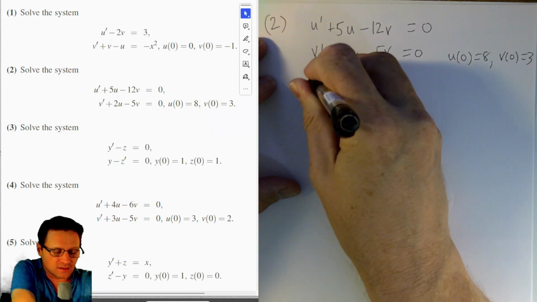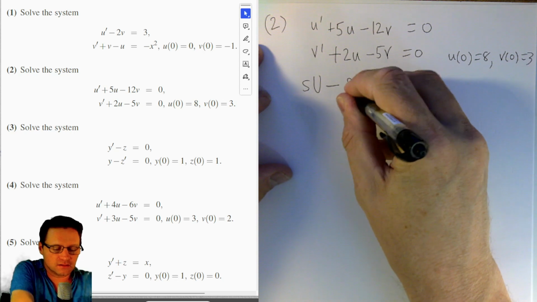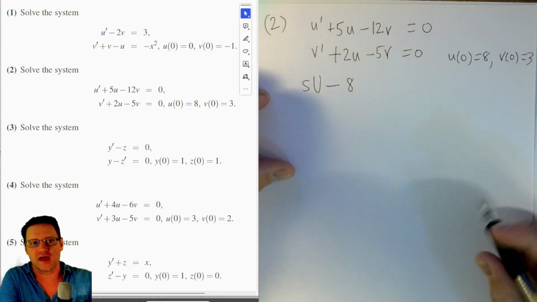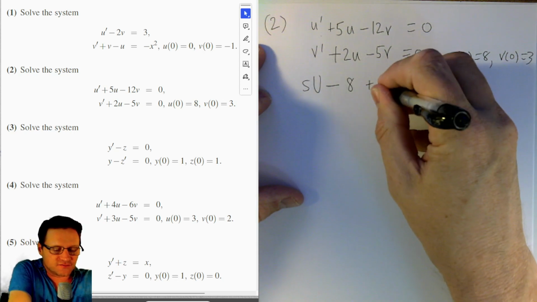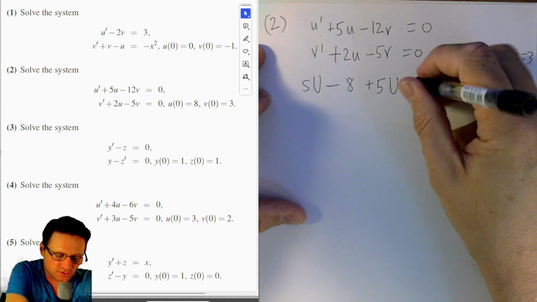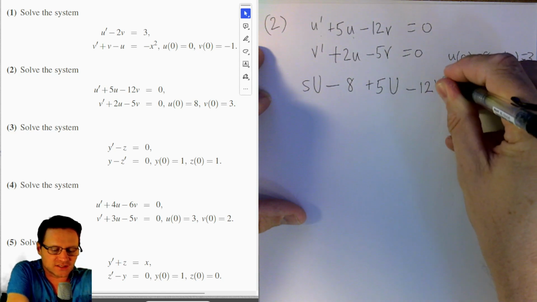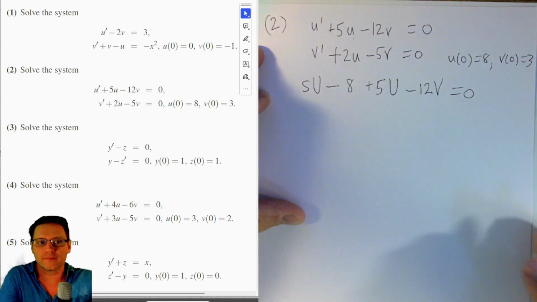Okay, so in question 2, we've got to do the same thing. s U minus 8 is the Laplace transform of u dash plus 5u, the Laplace transform of 5u. So this is uppercase U, minus 12 uppercase V equals 0.